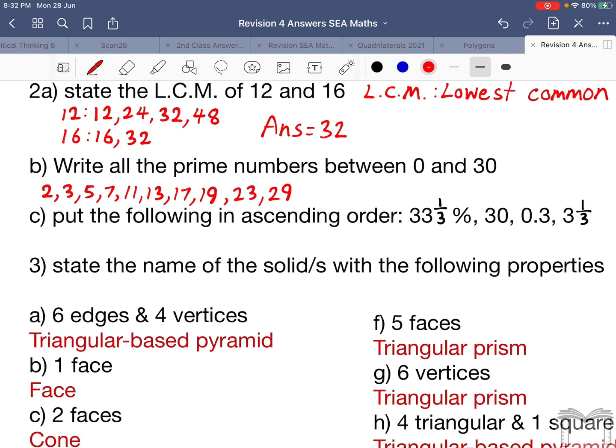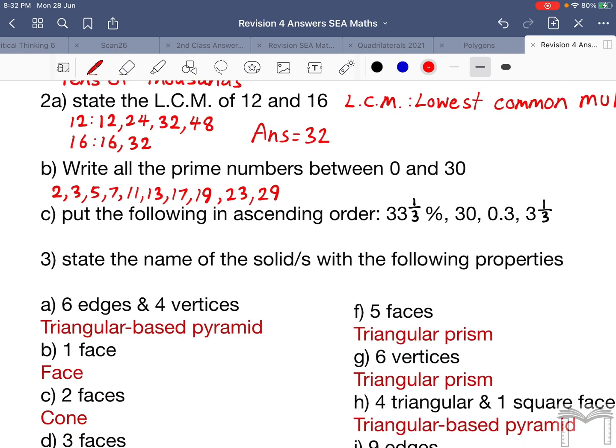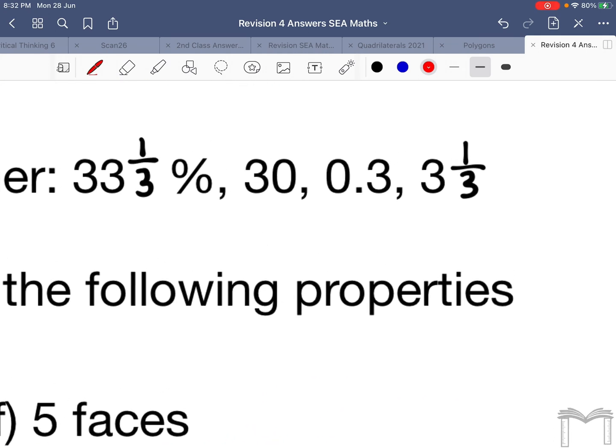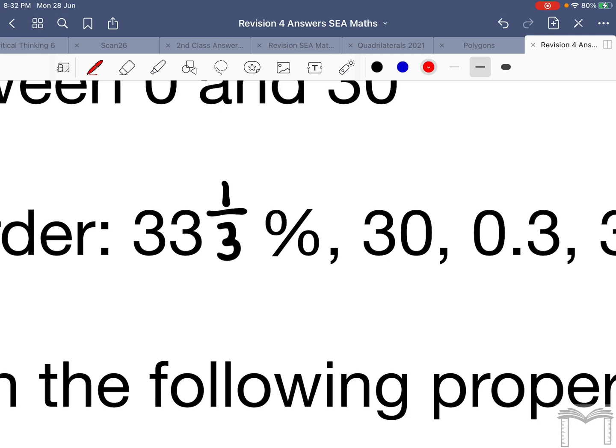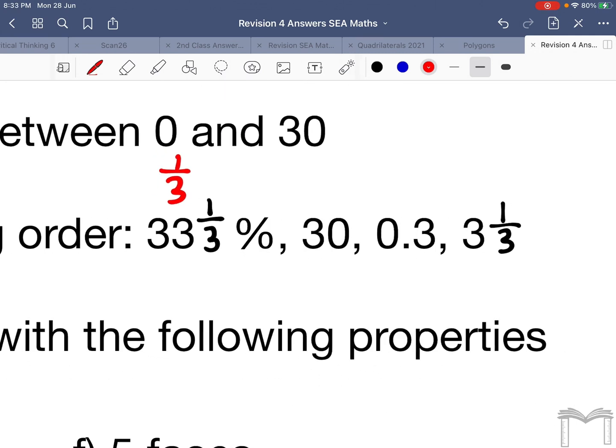Next, put the following in ascending order. Remember, 33 1/3% is simply 1/3. Right?